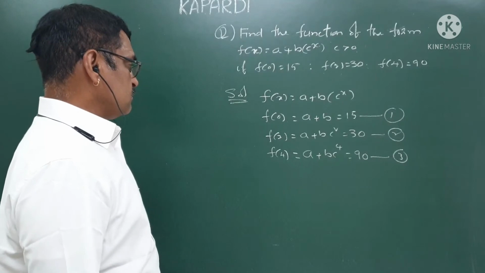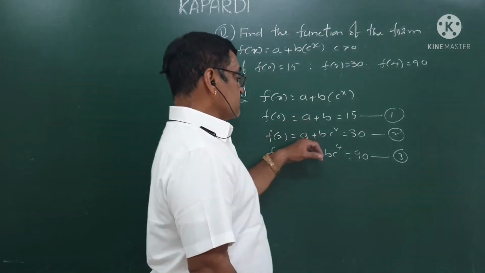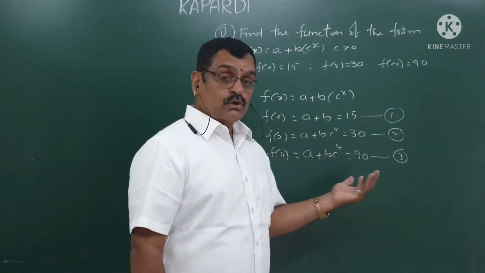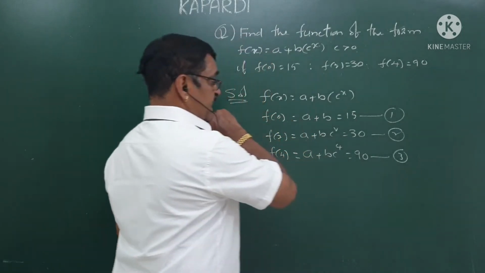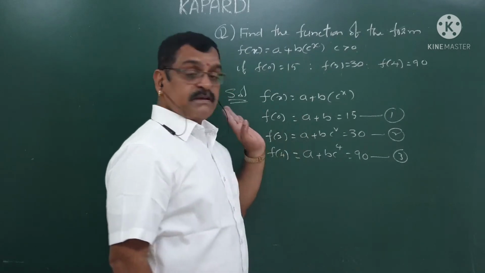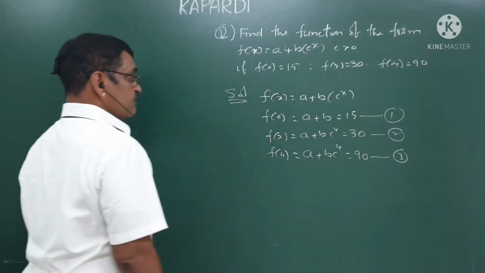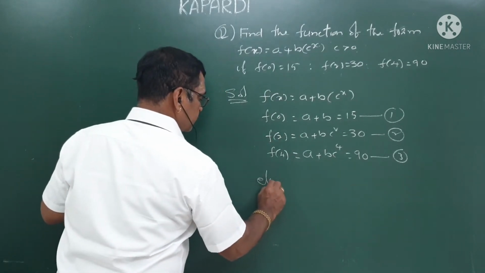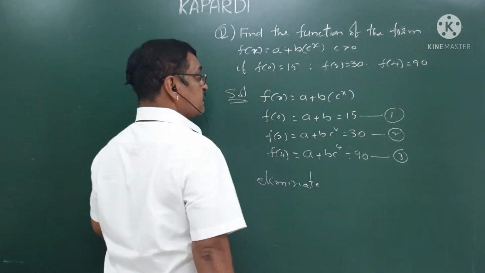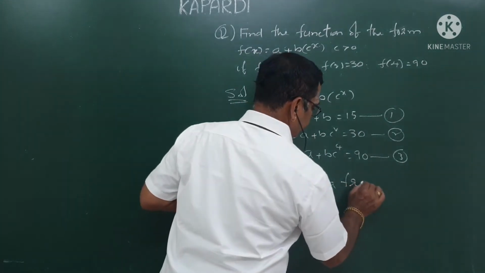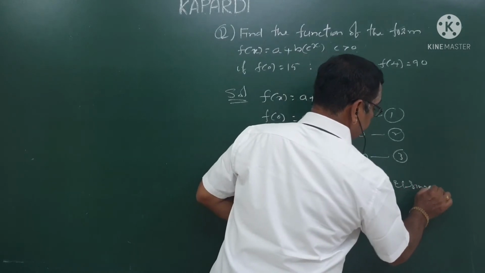So what I do, forget about the functions, it is from algebra. You have 3 equations and you have 3 unknowns. You have to solve them for a, b, c. For this one, what I do, first I eliminate either a or b from the equation 2. So what I do, eliminate a from 2 using 1.